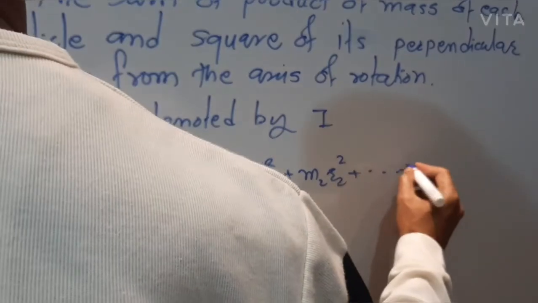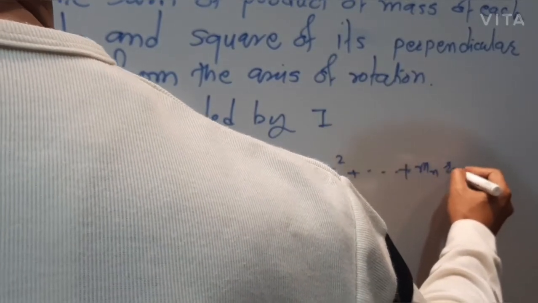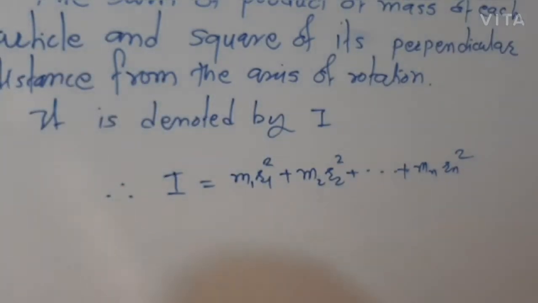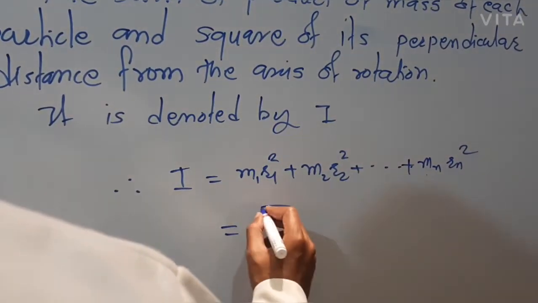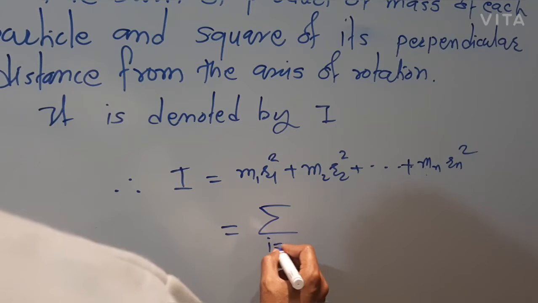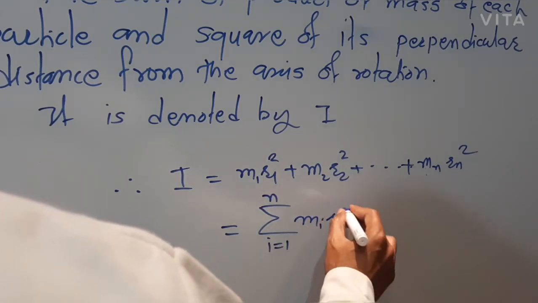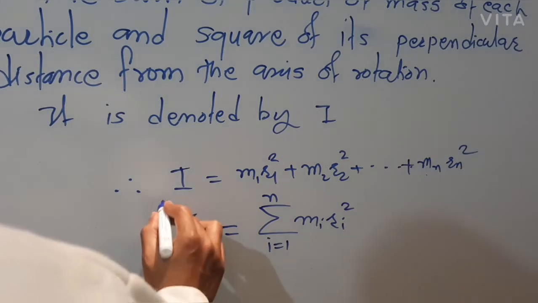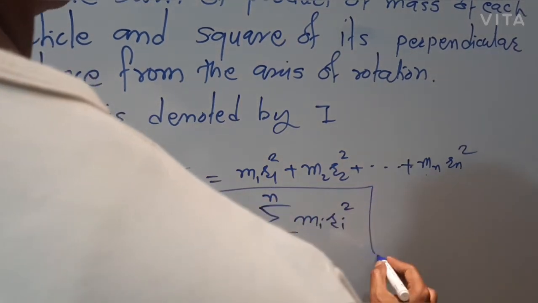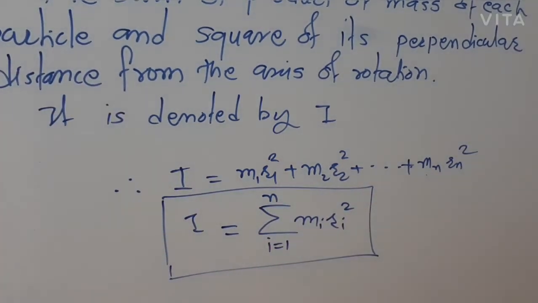And so the compact expression is I equals the sum from i equals 1 to n of mi ri square. This is the main formula for the moment of inertia.